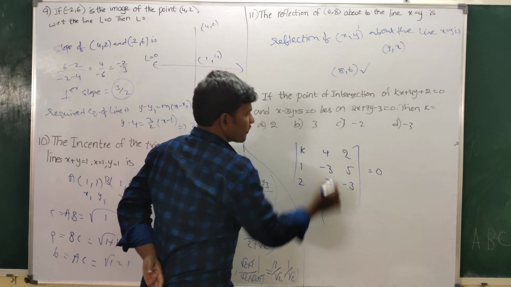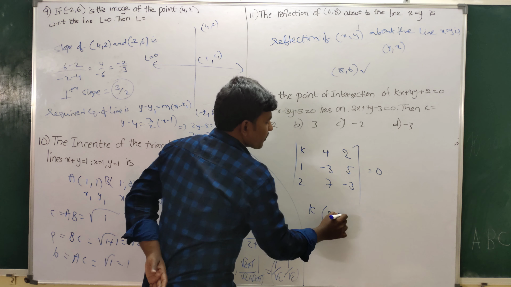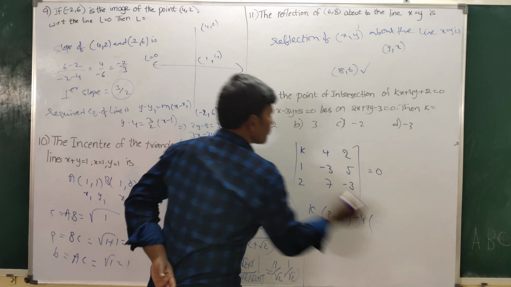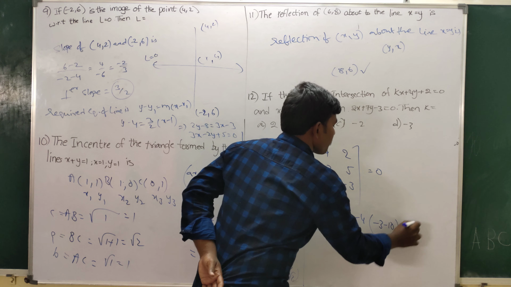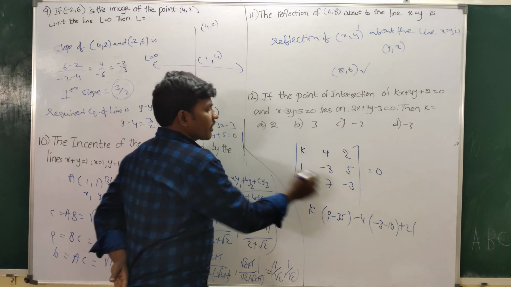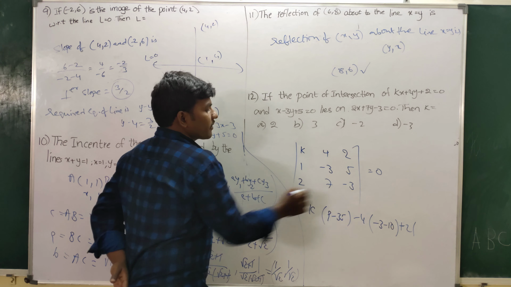K into (9 minus 35) minus 4 into (minus 3 minus 10) plus 2 into (7 plus 6) is equal to 0.